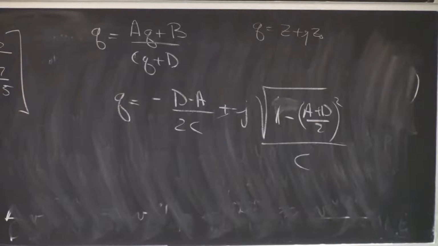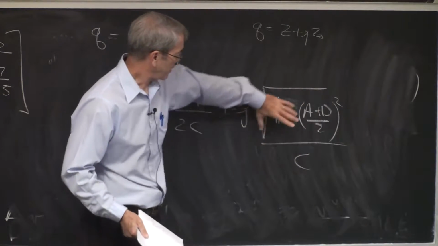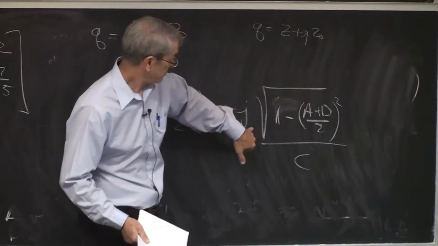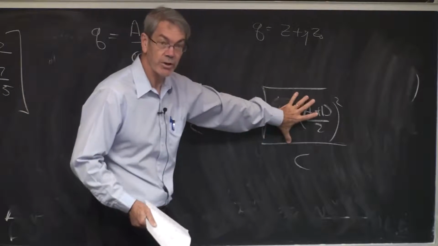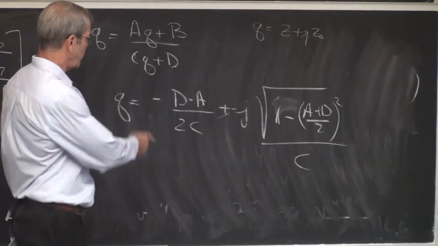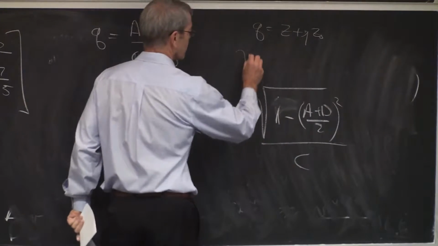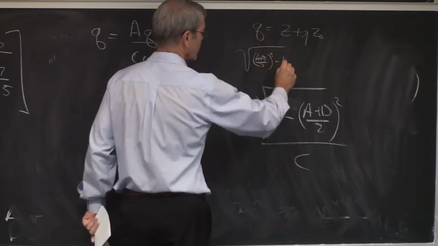Why the J though? Because it turned out it was A plus D over 2 minus 1, and then I reversed the order because it was going to be a complex number, so this will be a real number times J. When you actually do the quadratic, you're going to get A plus D over 2 squared minus 1.